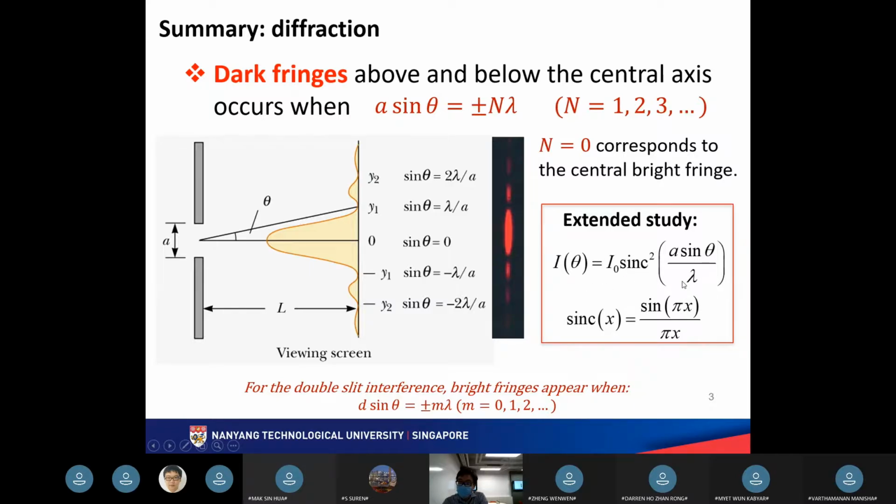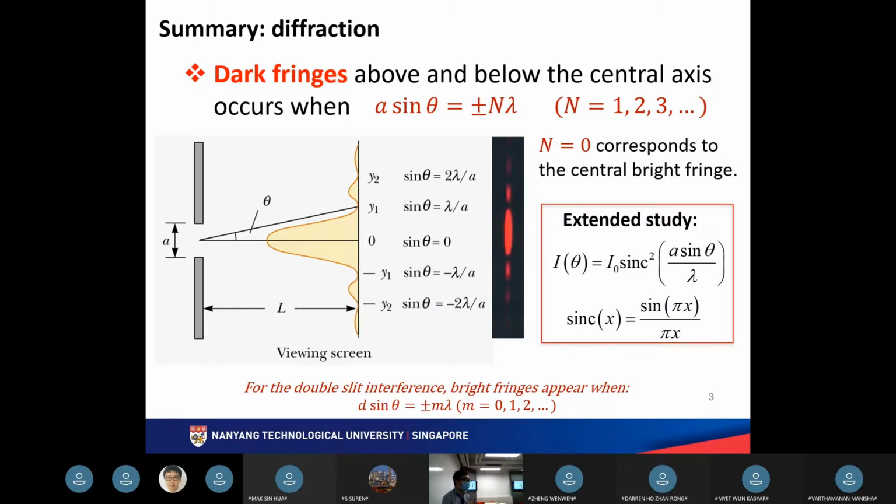Some parts you will get a sine theta equal to m times lambda, which is when the sine function goes to 0. The other positions are where you will get the maximum. As I said, this is not required, just for your reference.